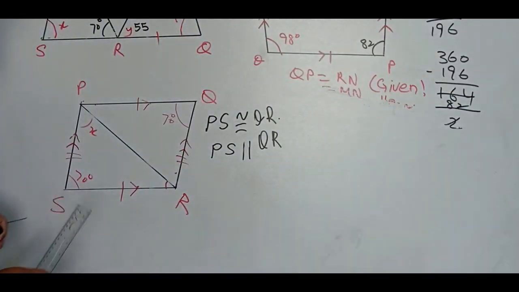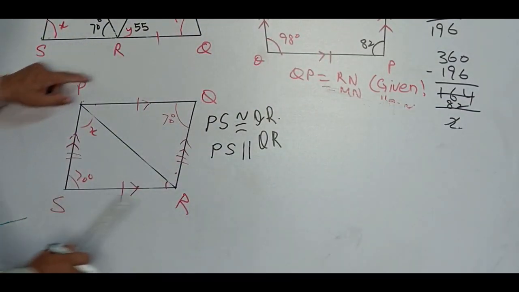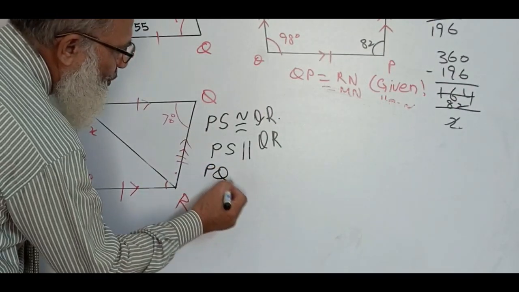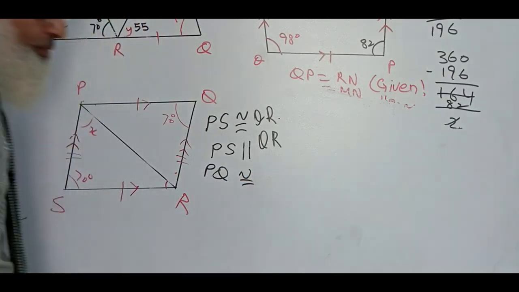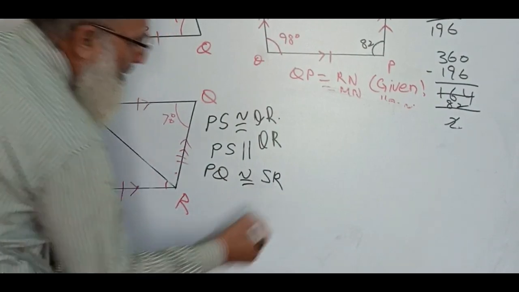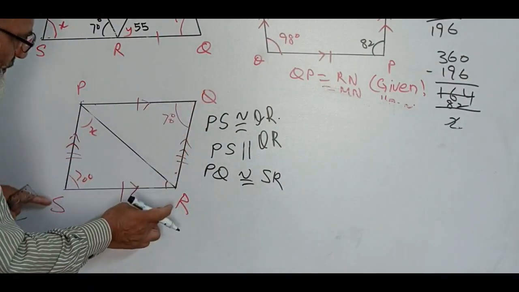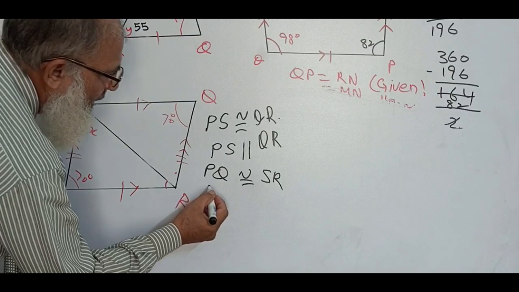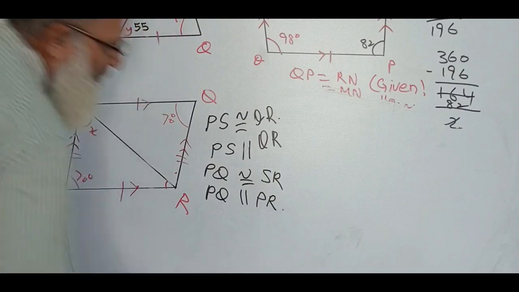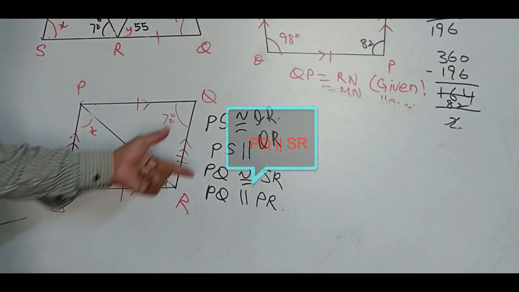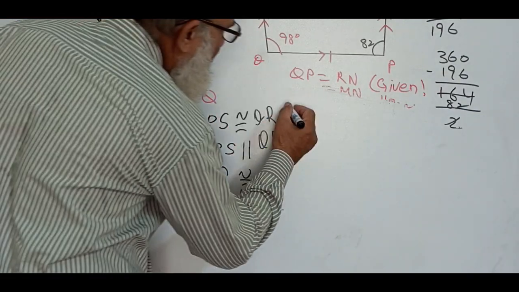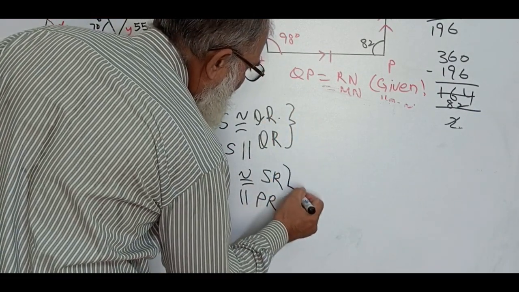Now this is one condition about these two, and the same two conditions lie over here: PQ is congruent to SR, and PQ is parallel to SR. So how many conditions are there? In fact, there are two conditions. Number one set is this, and number two set is this.